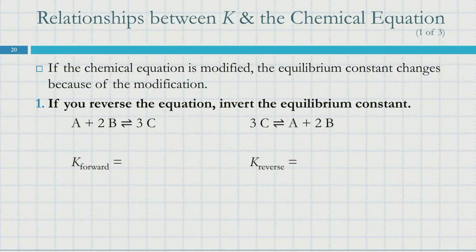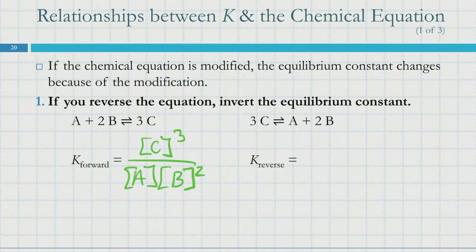So for example, in this left example, the forward direction, we've got the concentration of C raised to the 3rd power over the concentration of A times the concentration of B squared. That's what our equilibrium constant would be.